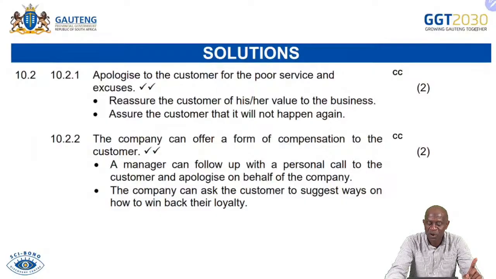The company can offer a form of compensation to the customer. Number two, a manager can follow up with a personal call to the customer and apologize on behalf of the company. The company can ask the customer to suggest ways on how to win back their loyalty. So this answers the second practice set of questions.